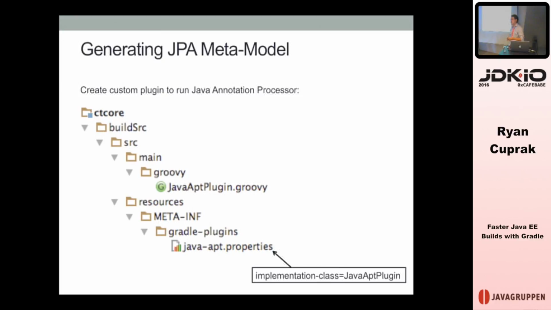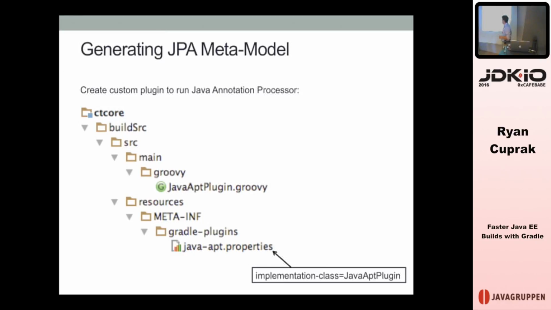Now the really fun piece of this is that EclipseLink doesn't like some of the other CDI annotations, because their annotation processor, I think, was written for Java 6. Which means that you have to hide the other things. So in order to get this to run, because there's no built-in support with Gradle, you end up writing a custom plugin for Gradle in order to do this. So this is written in Groovy.